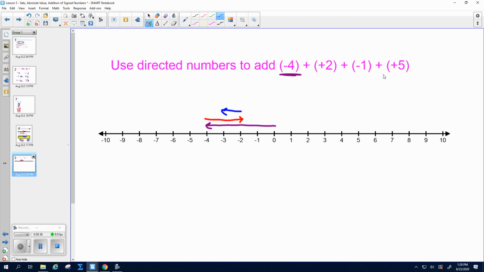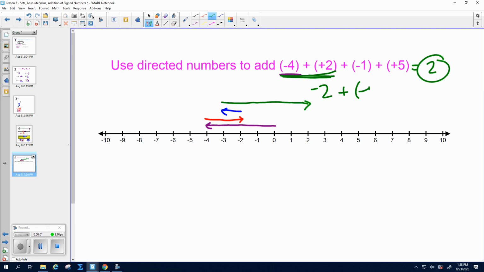And now I'm going to add 5. Again, I'm starting here now, and I'm going to add 5. 1, 2, 3, 4. I end up right here because I'm counting those units. Final answer is +2. Let's double check that. What is -4 plus 2? Good, that's -2.